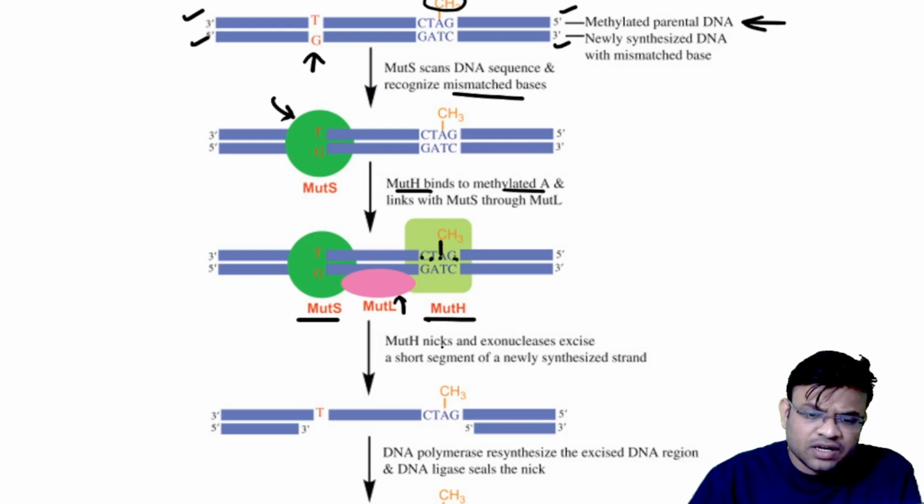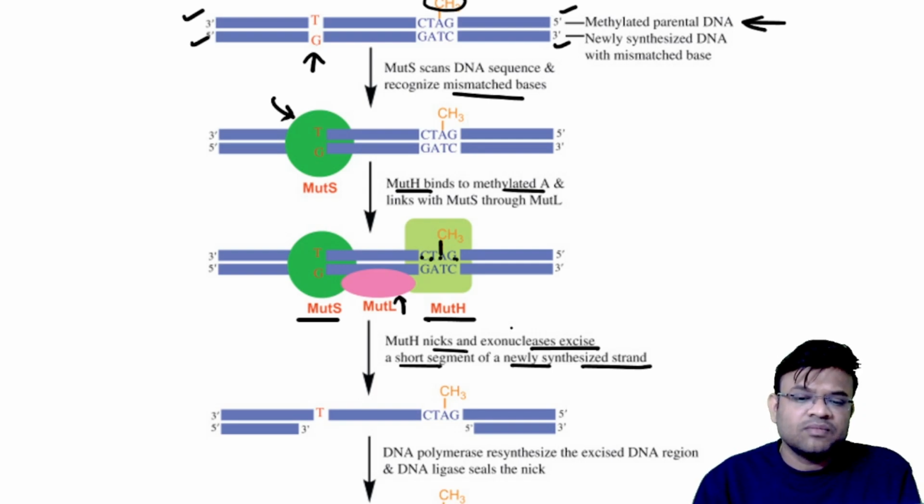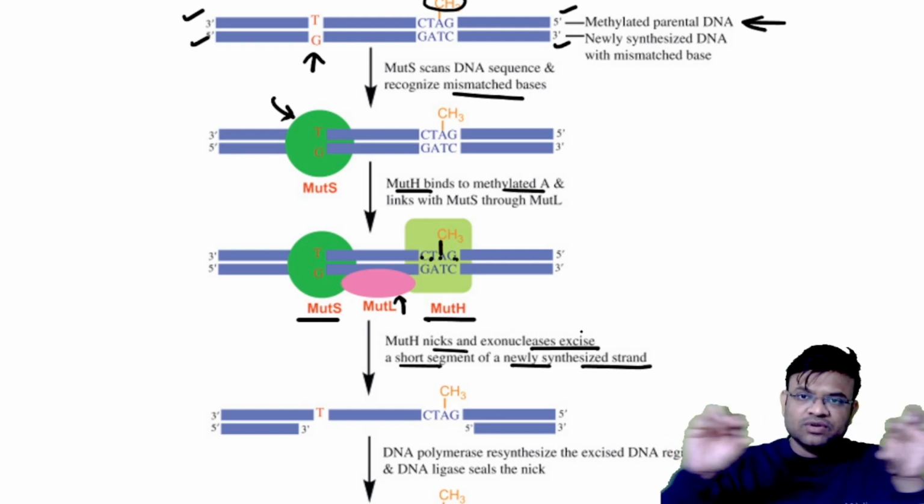Now MutH nicks and exonuclease excises a short segment of the newly synthesized strand. MutH has the function that it will nick, and exonuclease excises the short segment of the newly synthesized strand.